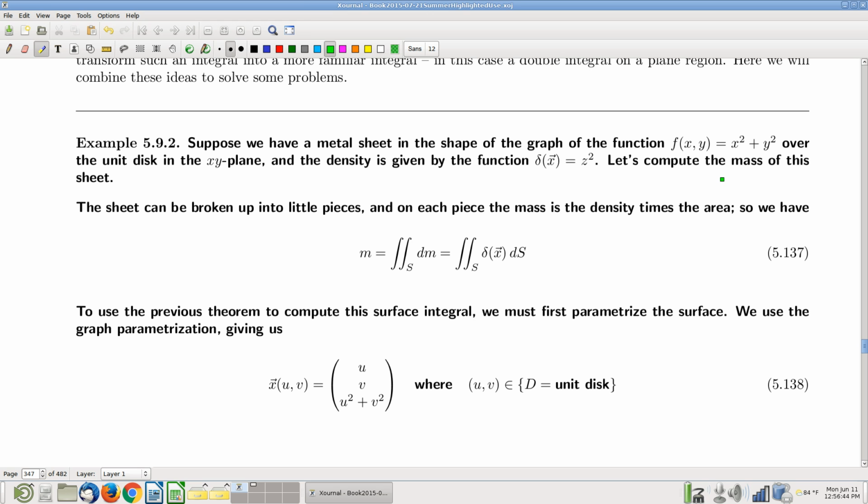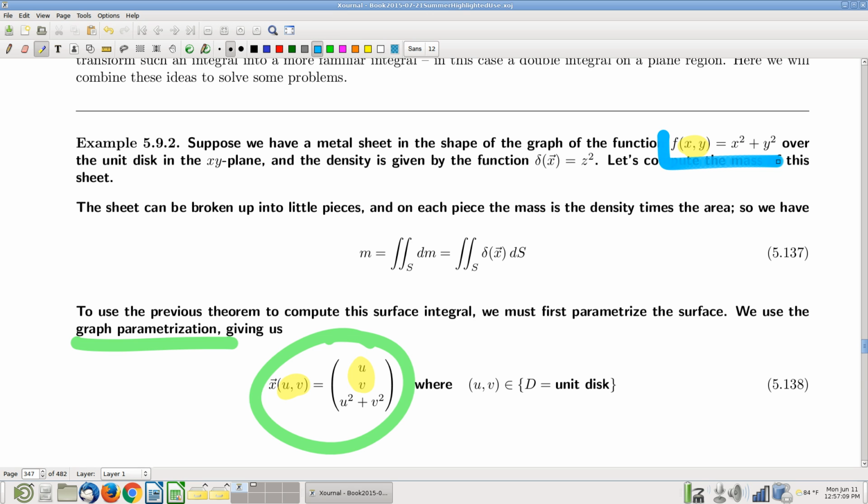Okay, so how do we parameterize a graph? Well, the graph parameterization is a real handy way to parameterize a graph, my favorite way. Note that the parameters are the first two variables, x and y, and then the function tells you what the third variable has to be. It's our usual graph parameterization.